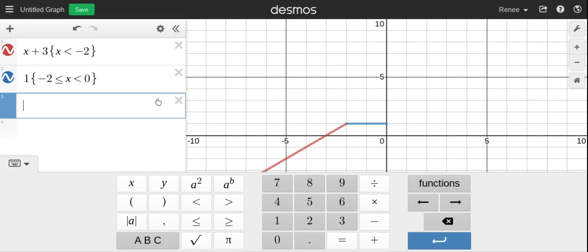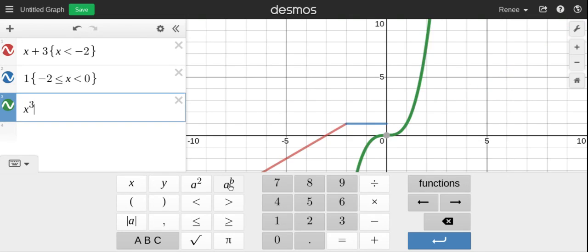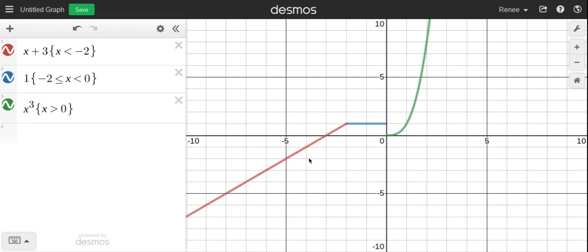And then to do x cubed, you do x and then this a to b here to make cubed. Again, you have to get out of the cubed part of the graph here, so you had to arrow over. So your curly braces, x greater than 0.